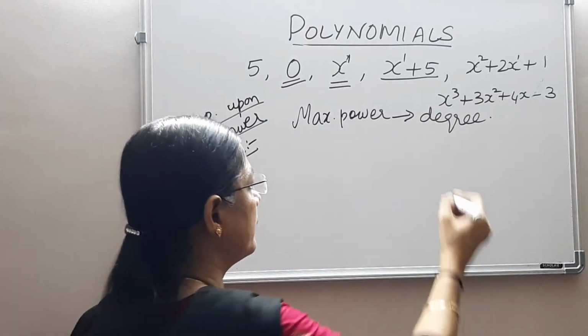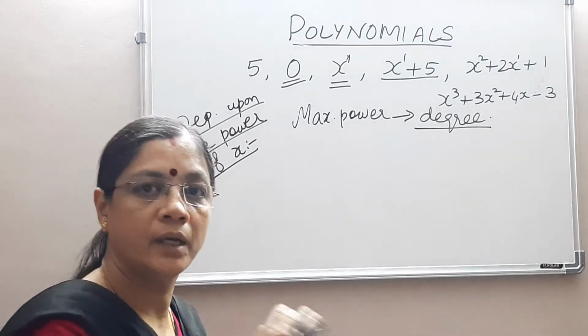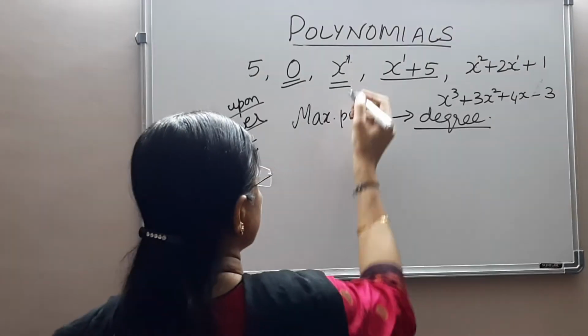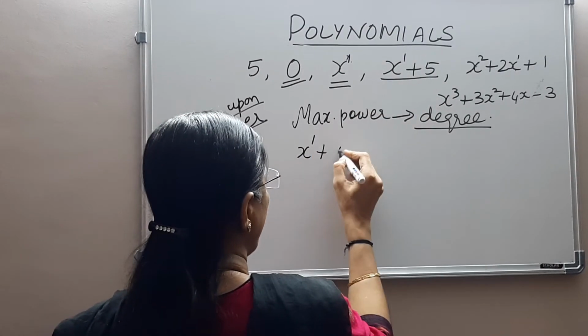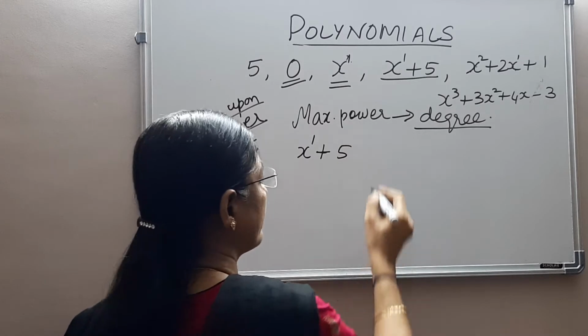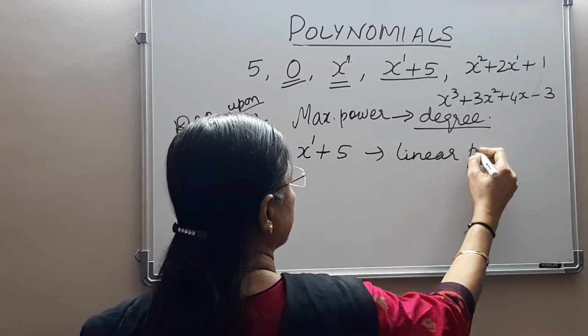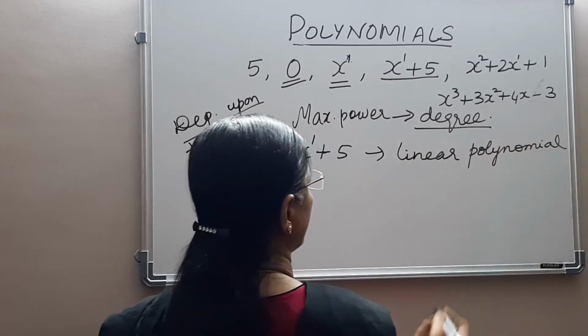Okay, so remember the term degree of the polynomial. So depending upon the degree of the polynomial, if the degree is just 1, it is termed as a linear polynomial.